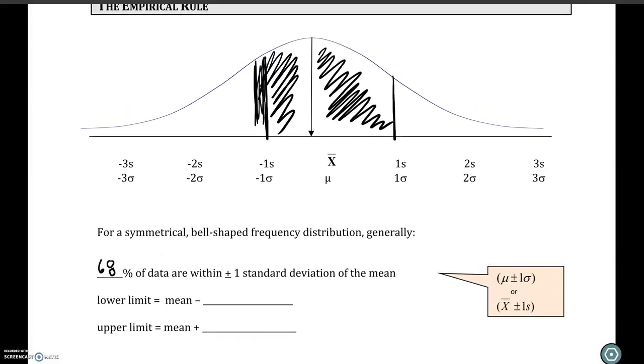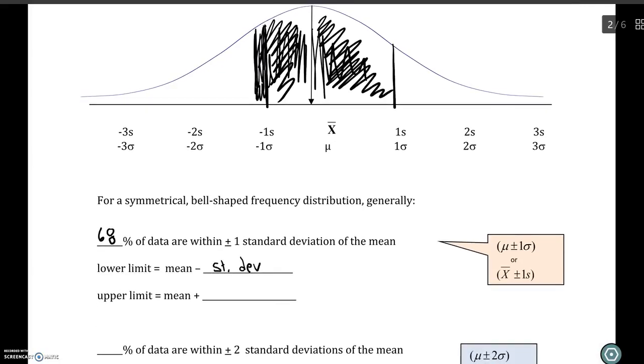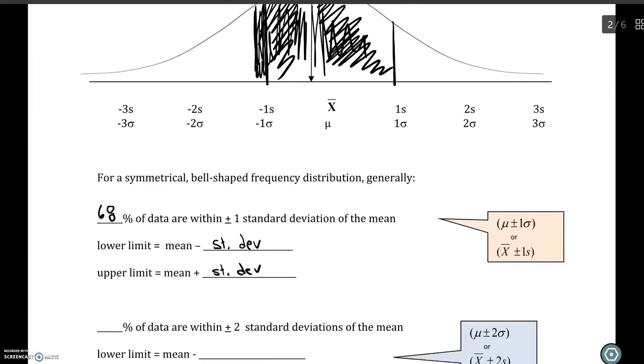So if we want to know where the middle 68% are, we can get the lower value by taking the mean minus 1 standard deviation, and we can get the upper value by taking the mean plus 1 standard deviation.